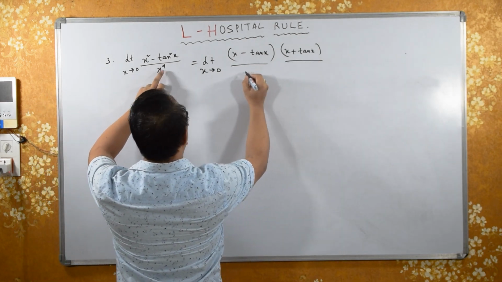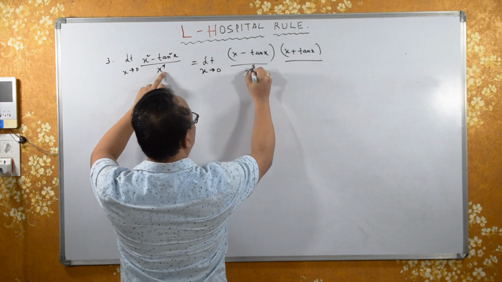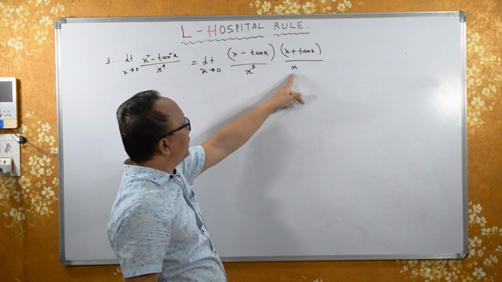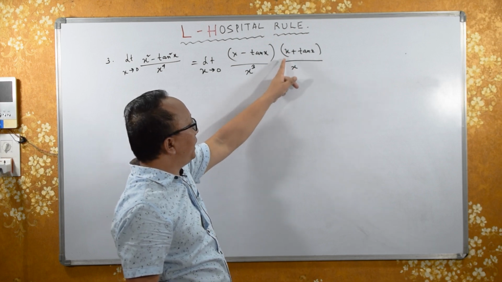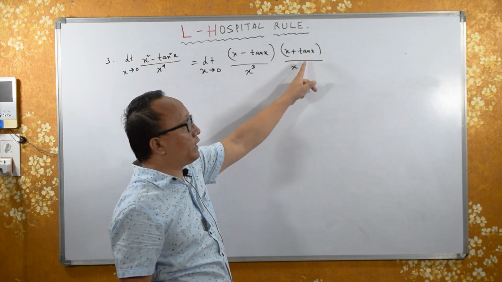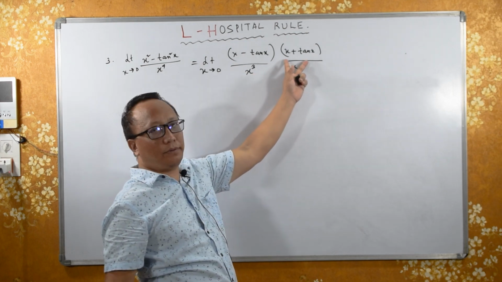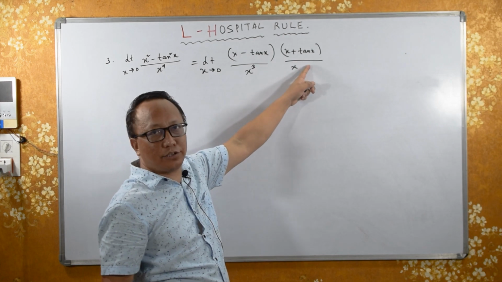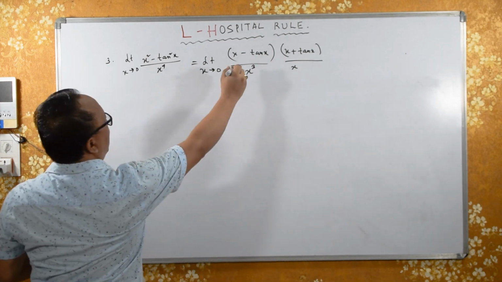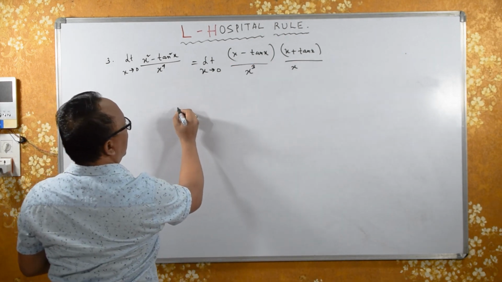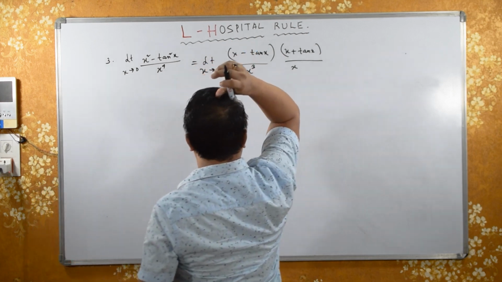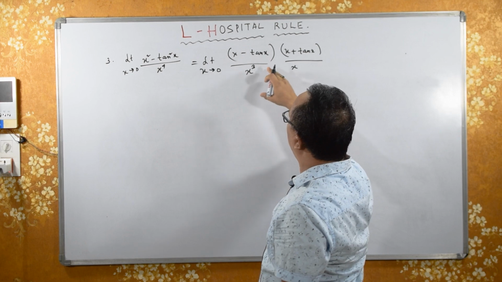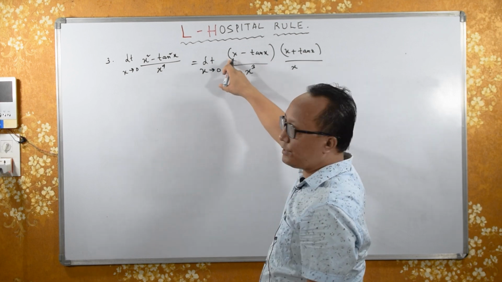Instead of x to the power 4, I write x cube into x, because then I can distribute x over here: x upon x means 1, plus tan x upon x, which when x tends to 0 becomes 1. Therefore I am giving x cube over here. Now L'Hôpital's rule is applicable, and into the particular term also we can differentiate.